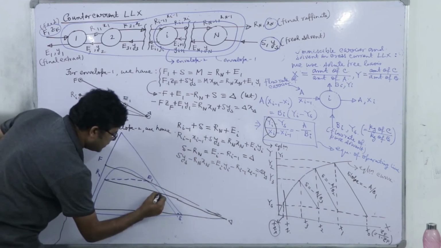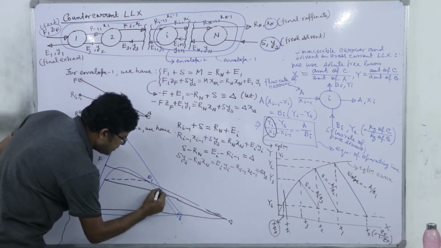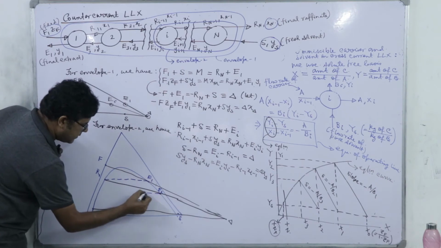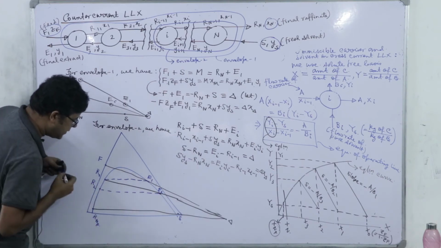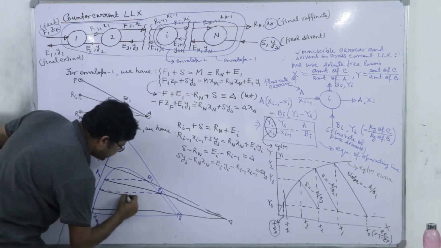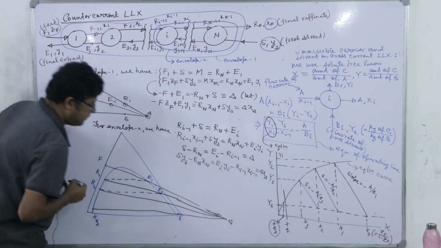I will get the point E2. And again from E2 I will draw a tie line, and this must be R2. Again R2 and delta will be joined and it will intersect here at E3.